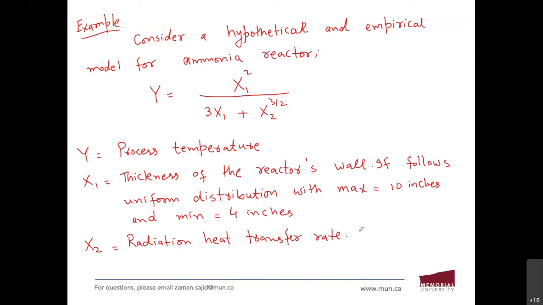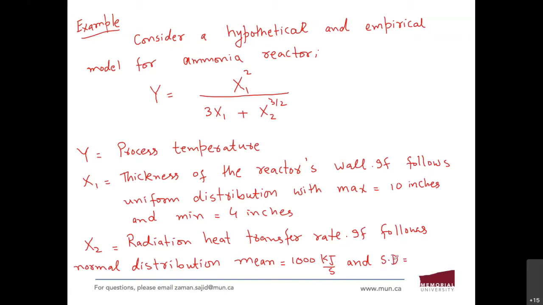This variable x2 follows normal distribution with the mean of 1000 kilojoule per second and standard deviation is defined as 50.